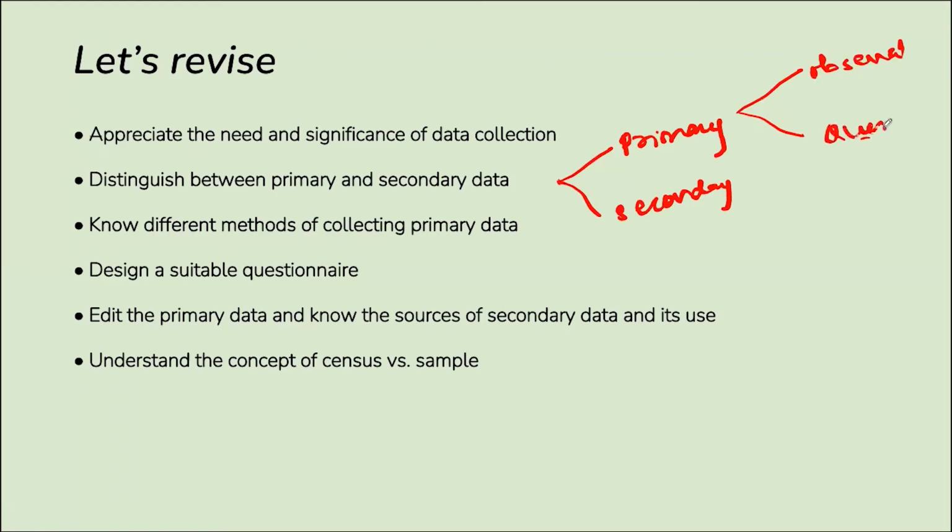Then we studied how to design a suitable questionnaire, and how to edit the primary data, with various criteria such as completeness, consistency, accuracy, and homogeneity. And then we understood the concept of census versus sample. So this was all about unit 1.